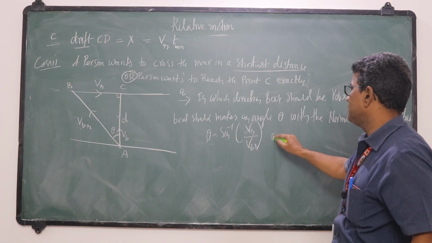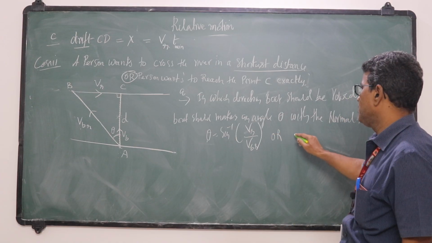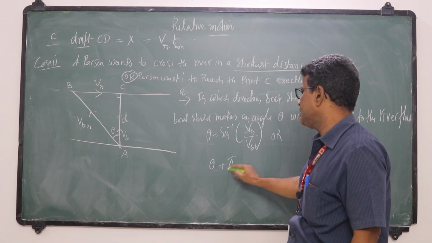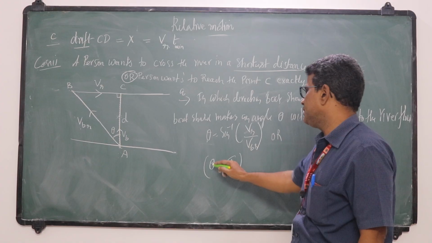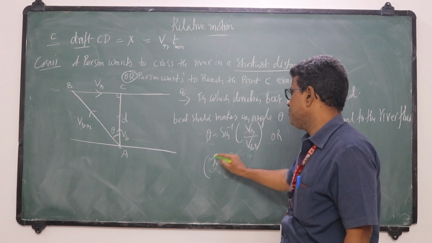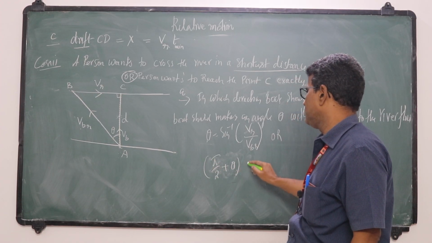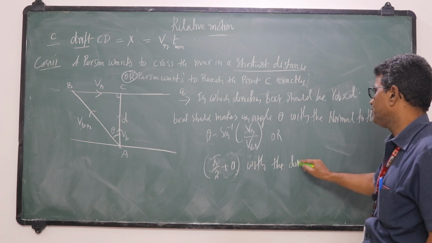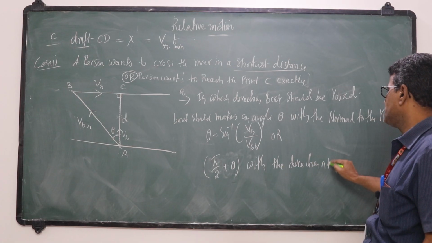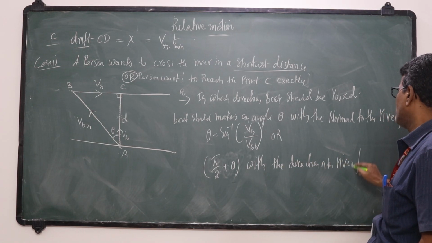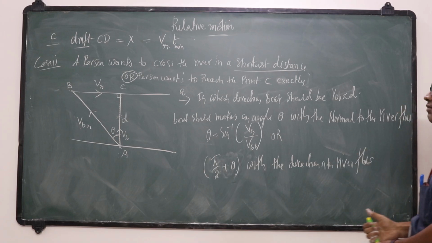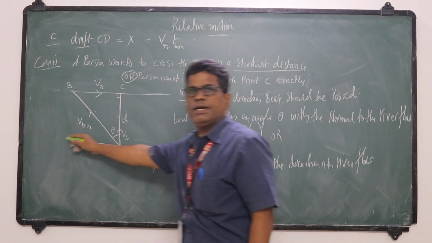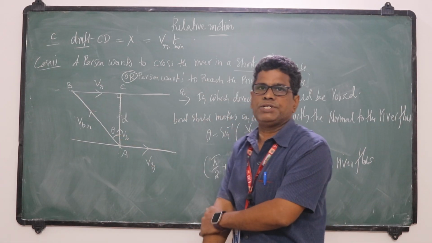Or we can say the same thing in another way: pi by 2 plus theta with the direction of river flow. The river flow is in this direction; I assumed that the river is flowing left to right.